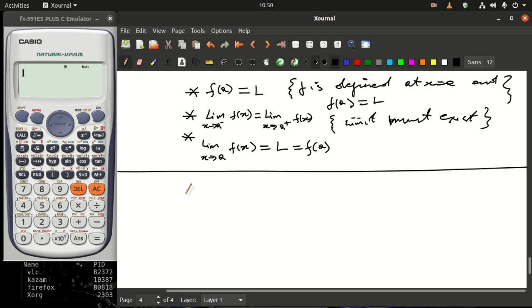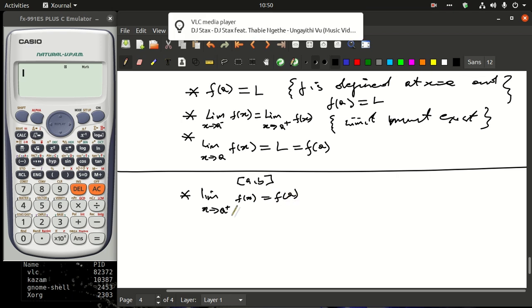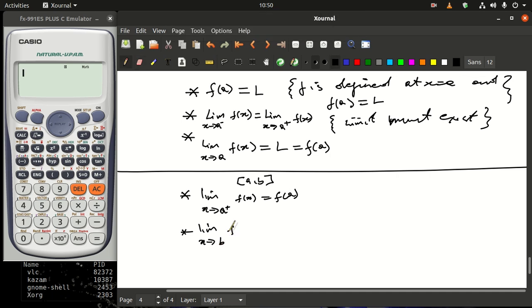And the second one, on the interval, what we're actually saying is that a function is continuous on this interval if, when the interval is AB, the limit as x approaches a on the right of f of x must be equal to f of a. And then secondly, the limit as x approaches b on the left of f of x must be equal to f of b.